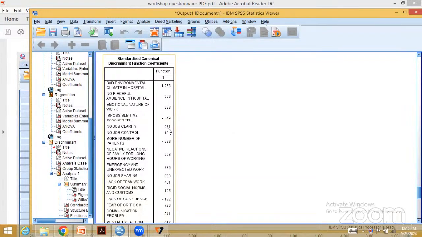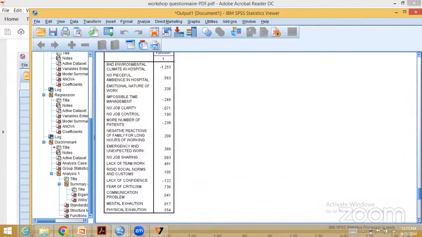Another negative, no job clarity. Another negative, more number of patients. Another negative, 0.122. These are the negative coefficients. Out of these, which variable has the highest negative? Bad environmental climate in hospital.